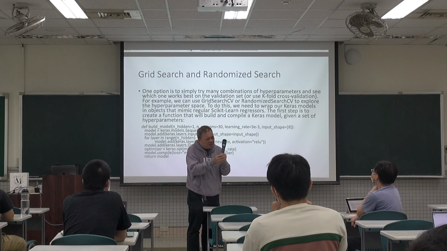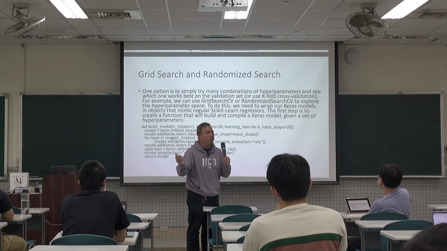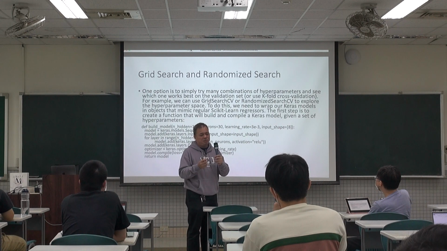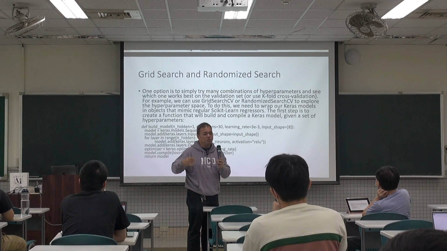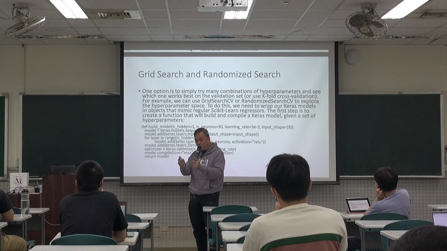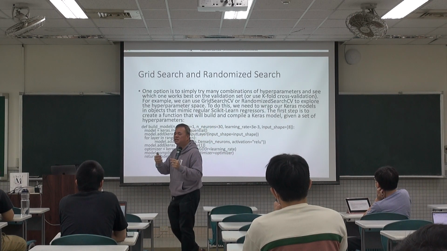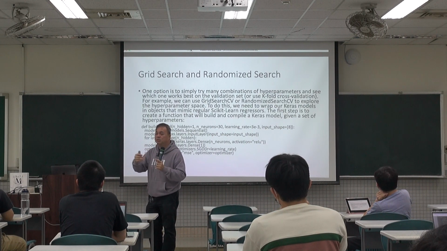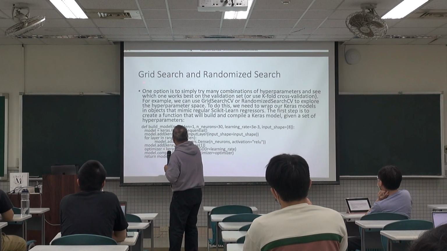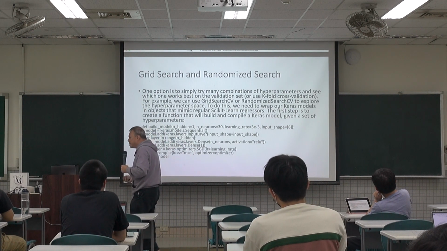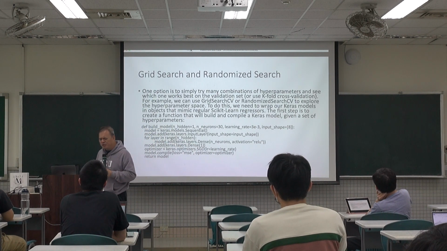Grid search pretty much goes through the combinations. I shouldn't say all the combinations, because maybe you just try 100 neurons, 200 neurons, 300 neurons. It's not 100, 101, 102, right? So it doesn't give you all combinations, but it gives you most of them, so you are more confident that the best grid search result is pretty good.